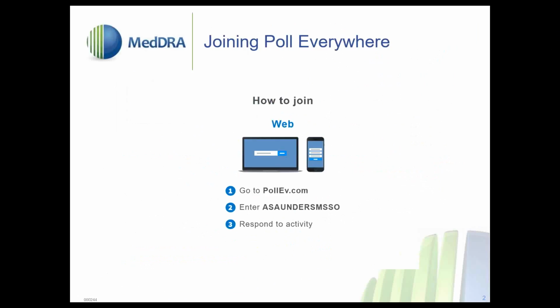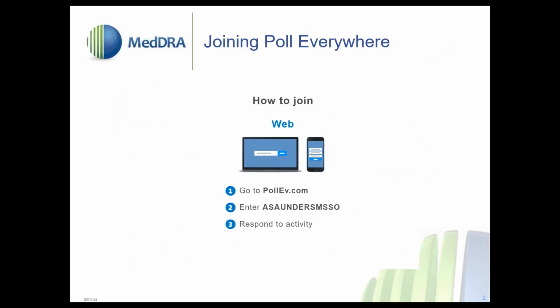And when you join, you will be able to respond to activities that we will present on the screen. So I hope that you'll take a moment to open up a browser, either on your computer or on your smartphone, and go to that website, pollev.com, and enter the session name of A. Saunders MSSO.